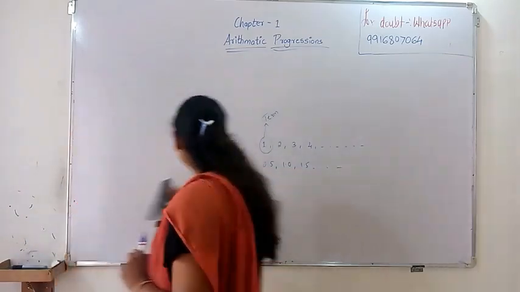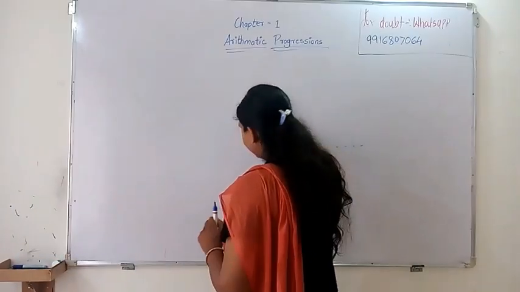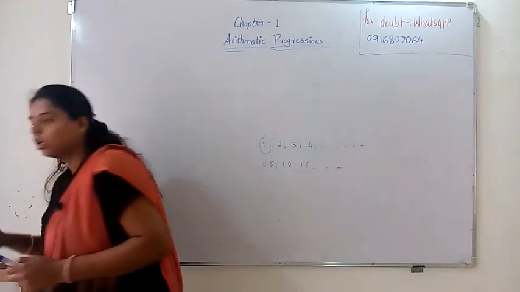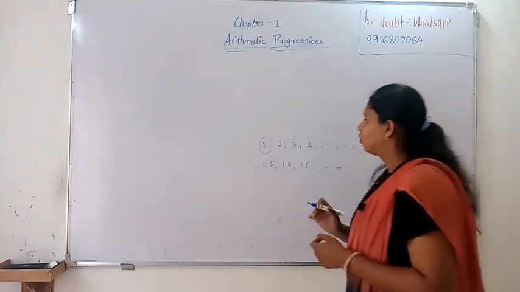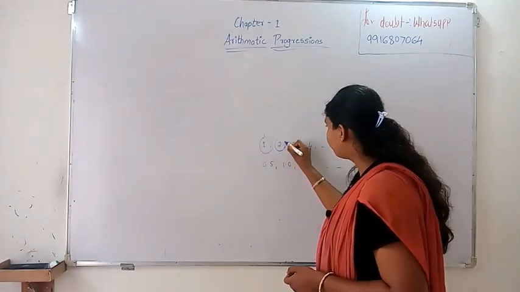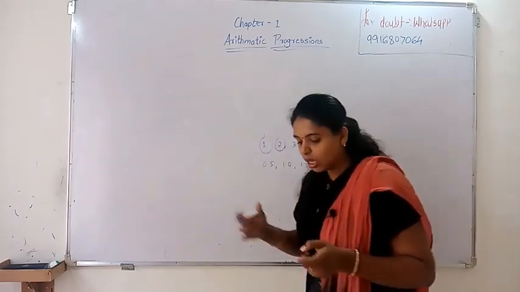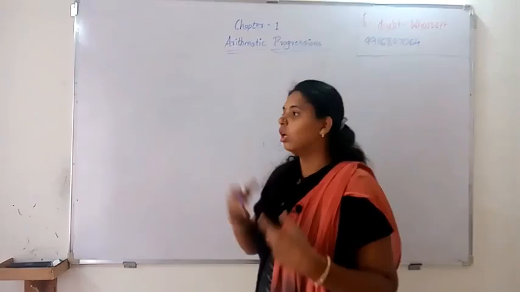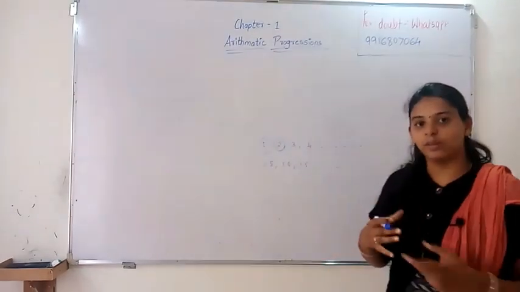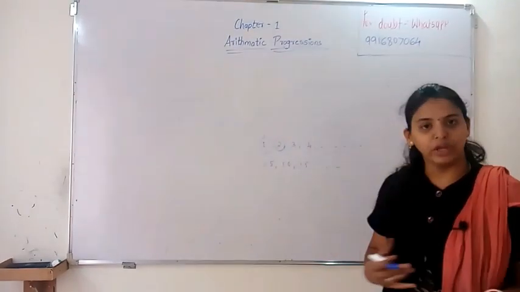Now what I was telling, succeeding number and preceding number. Always remember these two words, succeeding number and preceding number, you are going to study with this whole chapter. These two words are very important.